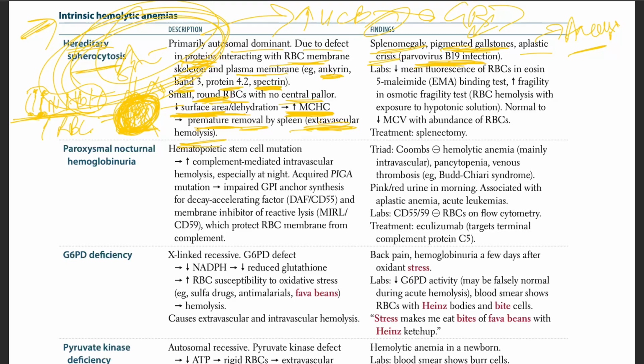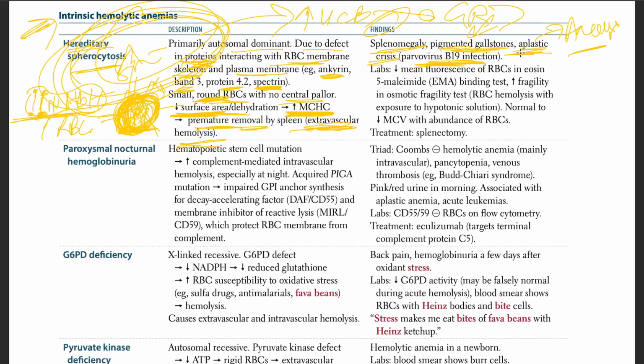Some more points on parvovirus B19 infection: as we said, it causes aplastic crisis in patients with underlying hemoglobin disorders, any disorder, for example sickle cell anemia, in patients who need continuous RBC production.